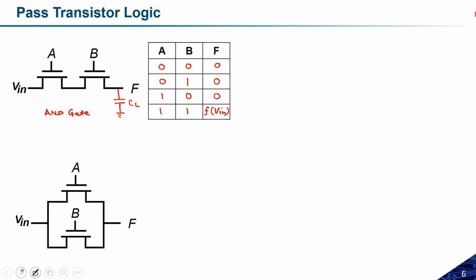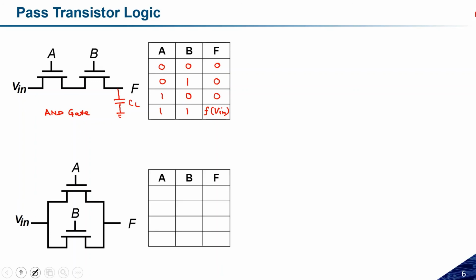Suppose I have another combination, where I have kept both the NMOS transistors in parallel. Let us see what the output could be for 0 0, 0 1, 1 0 and 1 1. If both transistors A and B are 0, both will be in the off state, and I am assuming that whatever load capacitance I have connected here is initially discharged.